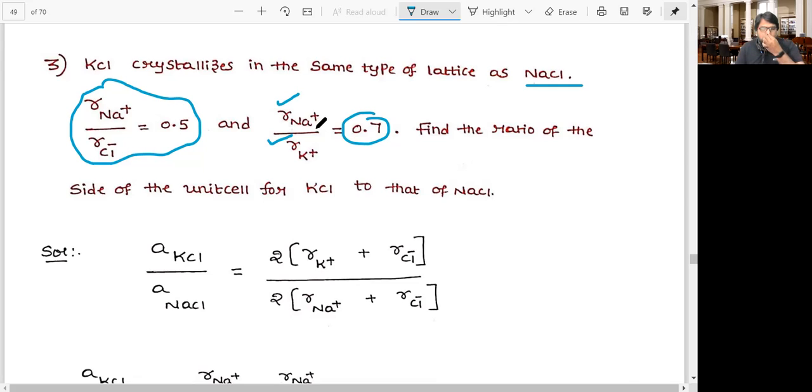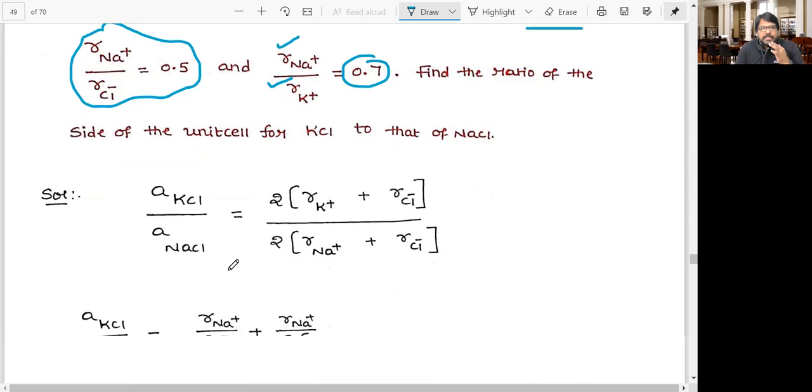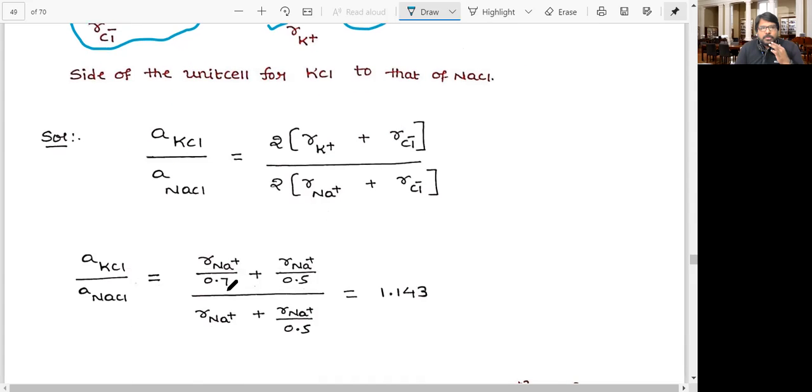So what I have to do is, in place of K plus, I have to write the radius of K plus in terms of Na plus, and of course Cl also in terms of Na plus. This is already in terms of Na plus. This is also in terms of Na plus. So in place of radius of K plus, bring this 0.7 this side and K plus this side, and you will be getting radius of Na plus by 0.7.